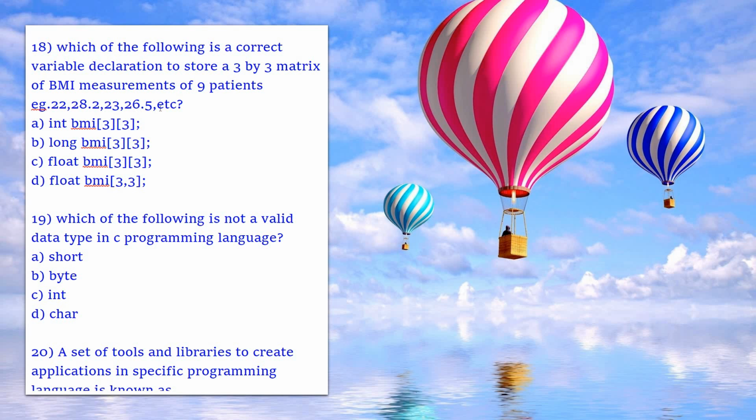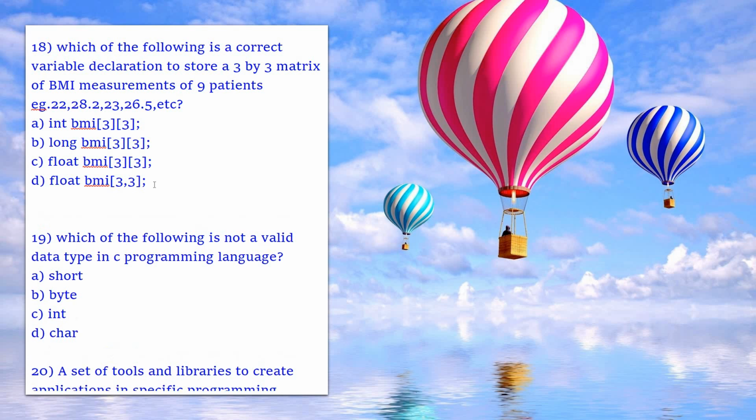Since it is a combination of int and float values, you're going to use float as the variable declaration. So float followed by BMI, then 3, 3, that is the two-dimensional array. So option C is the correct declaration for this question.